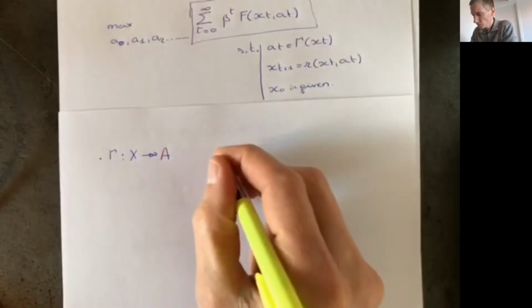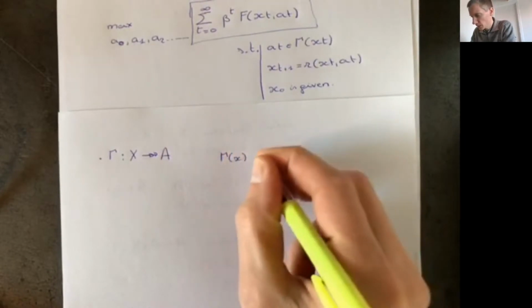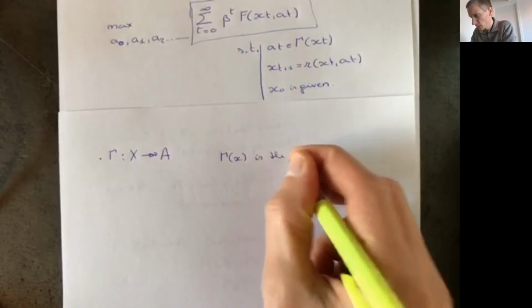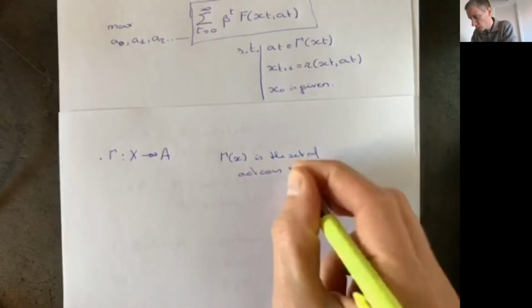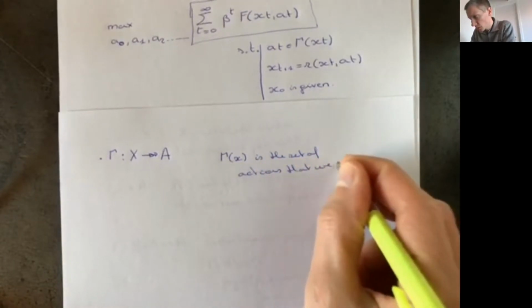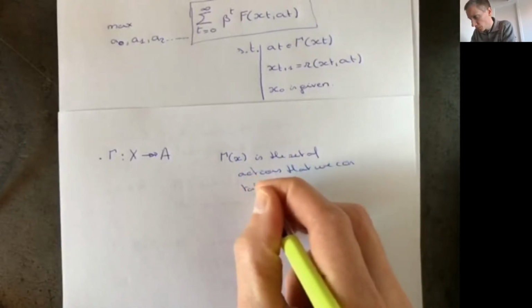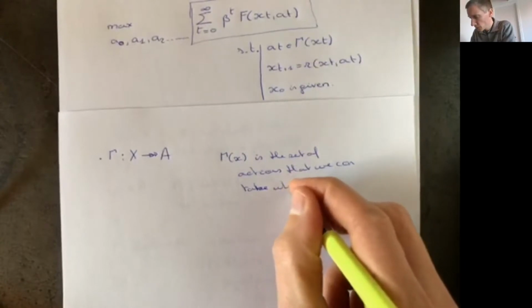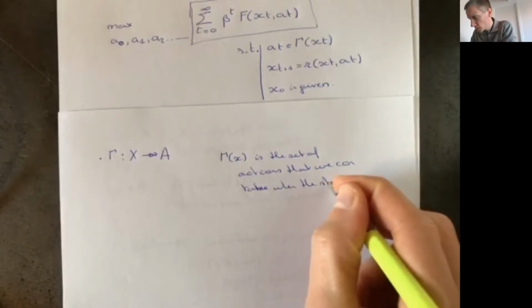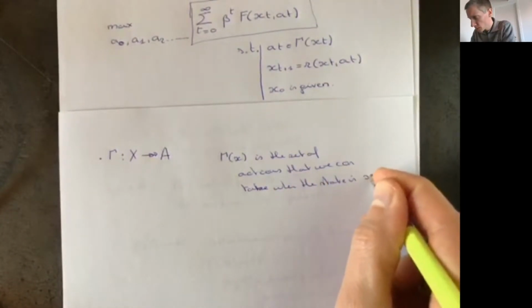So gamma of X is the set of actions that we can take, or that the decision maker can take, when the state is X.